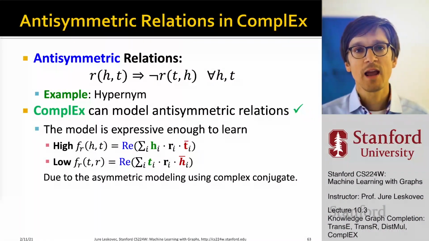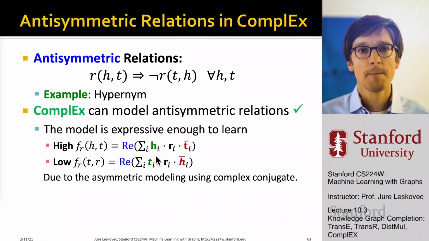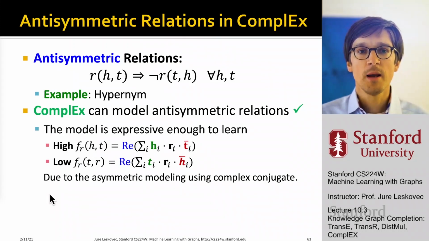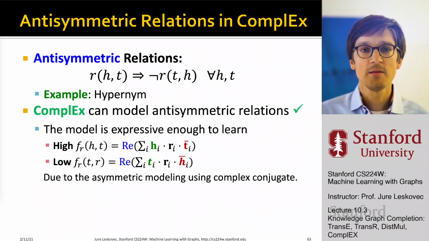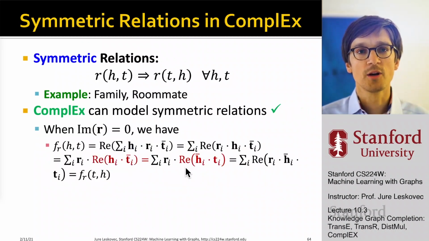Can it model antisymmetric relations? Yes, it can. For different relations we get high or low values of our scoring function, due to the asymmetric modeling of complex conjugates, because here we are using the complex conjugate.